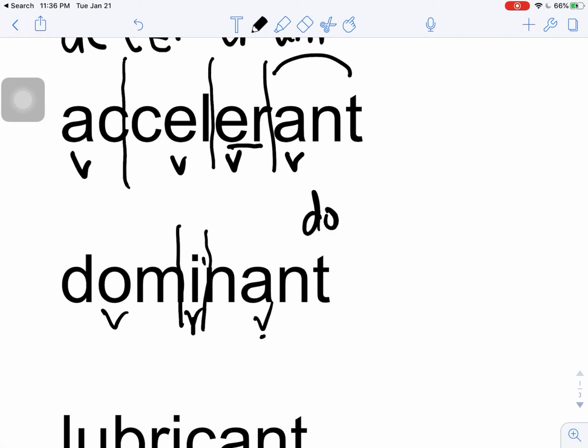If I had the other, dominate, you could hear more clearly the split there. So I would keep that split in dominant, even though, you might argue and say, well, let's split after the N. Syllabicating words should never be the goal itself.